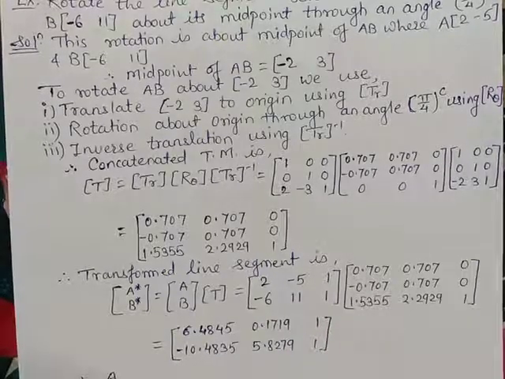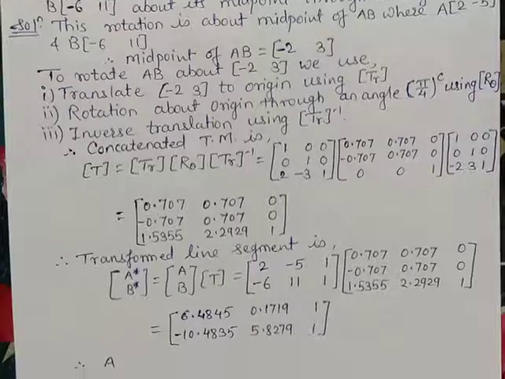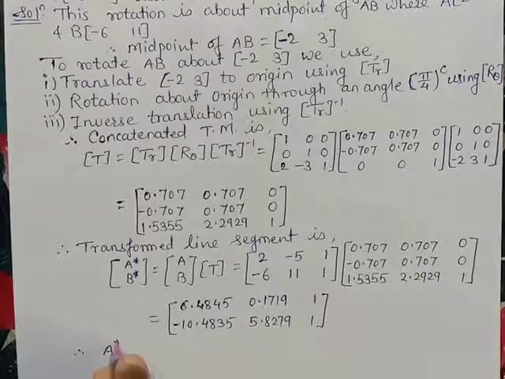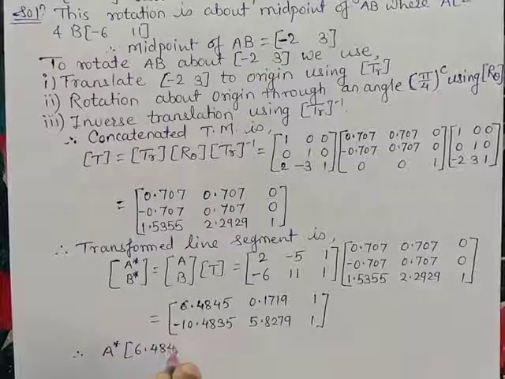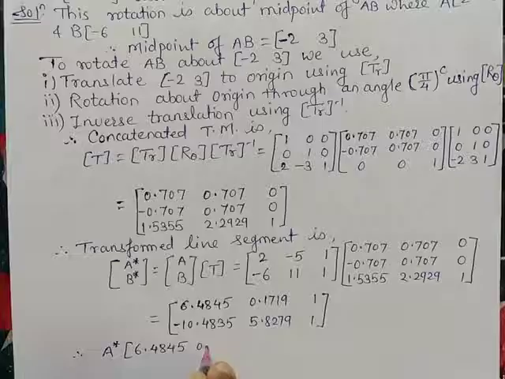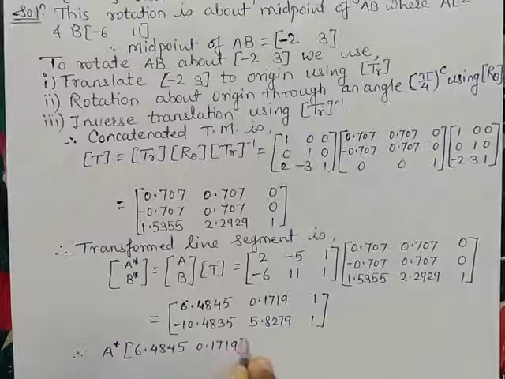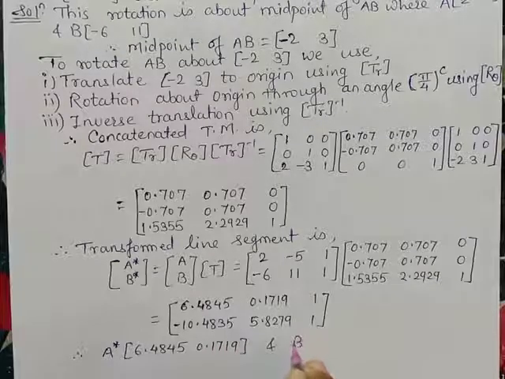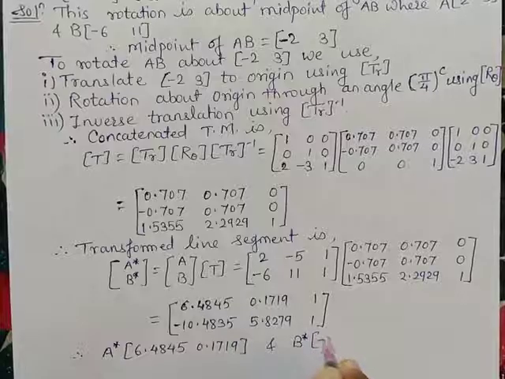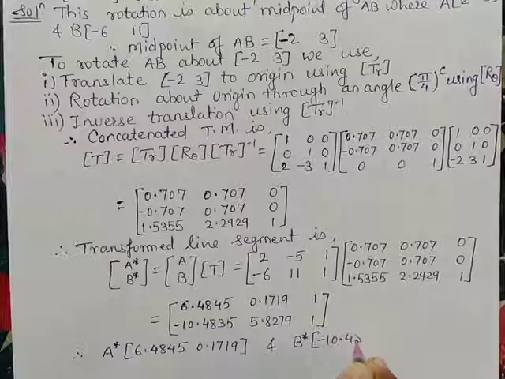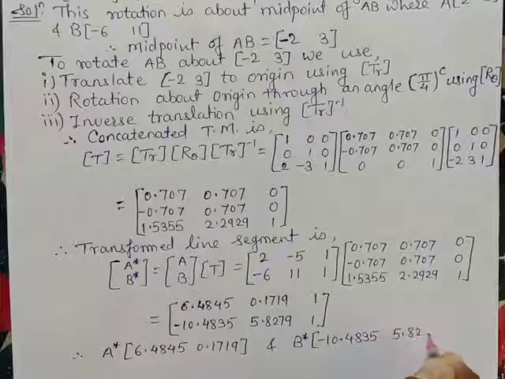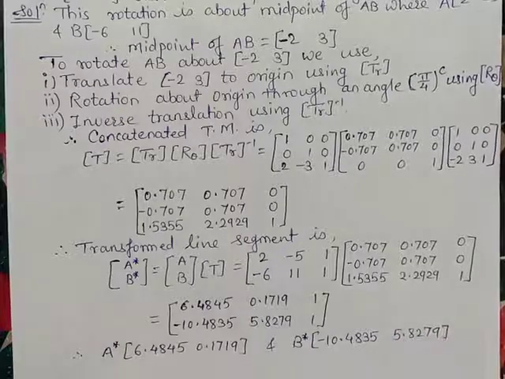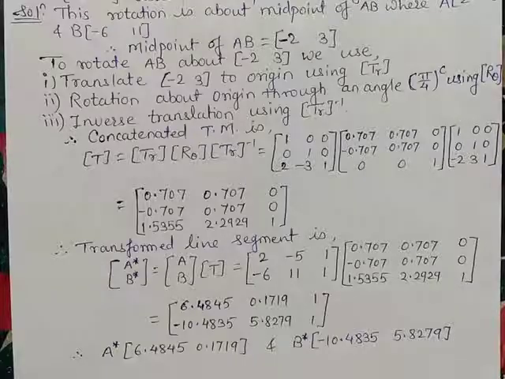Therefore, A star has the coordinates 6.4845, 0.1719, and B star has coordinates minus 10.4835, 5.8279.